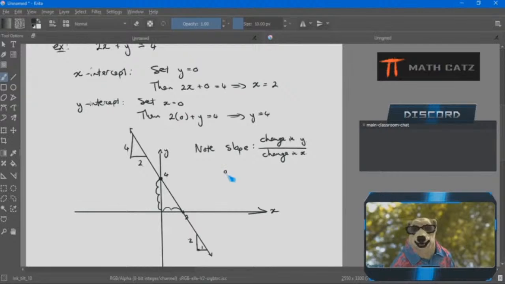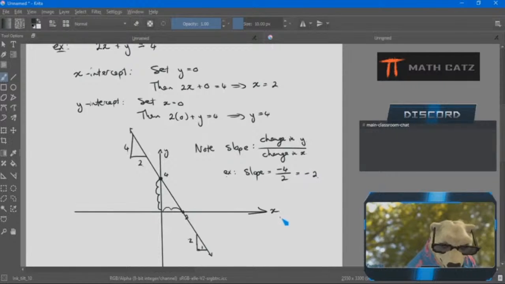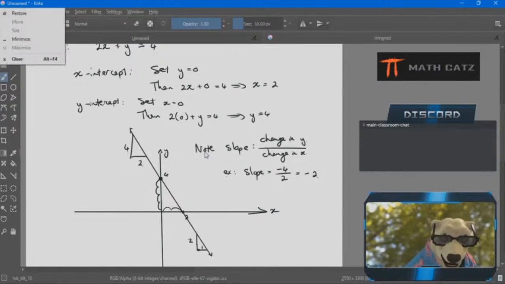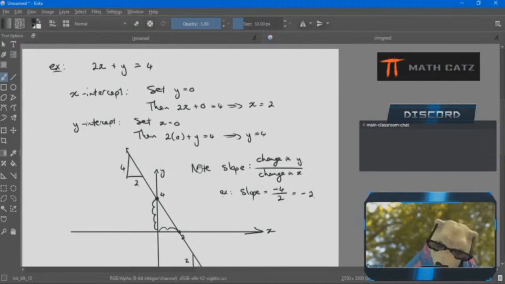So in this case, the slope is going to be 4 down, so it's a negative 4, 2 in the positive direction for x, so it's going to be negative 2 when I simplify it.